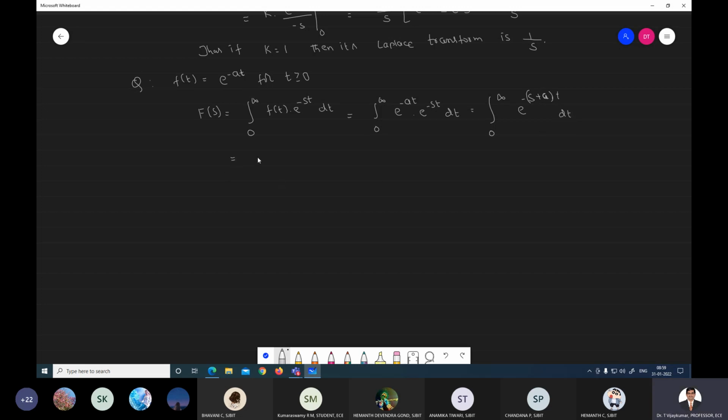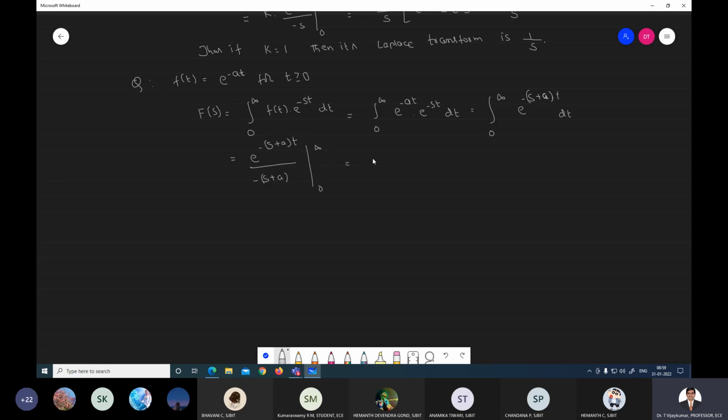The integration of e to the power of minus of s plus a into t is e to the power of minus of s plus a into t divided by minus of s plus a, with limits 0 to infinity.